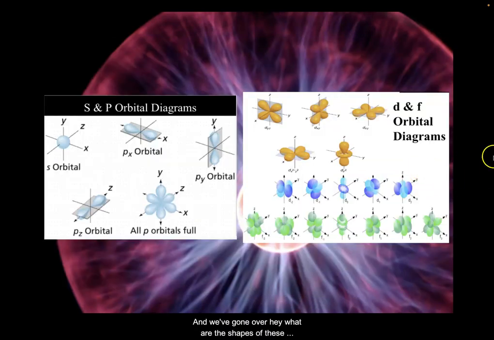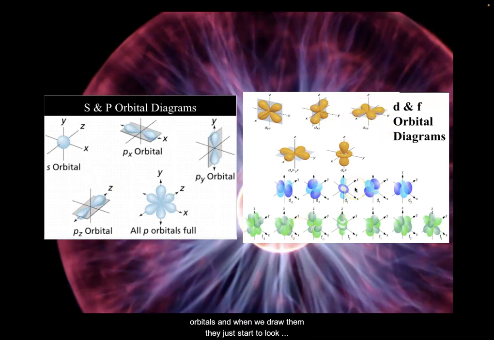And we've gone over, hey, what are the shapes of these orbitals? We know they're not perfect circles, but what are they? We know s orbitals are spherical. We know p orbitals are dumbbell shaped, which sometimes your teacher calls peanut shaped just because it looks sort of like a peanut to help you remember. And there's 1, 2, 3 of them that make up your p orbitals, and so they go on the x, y, and z axis. And then we talked about d orbitals and f orbitals.